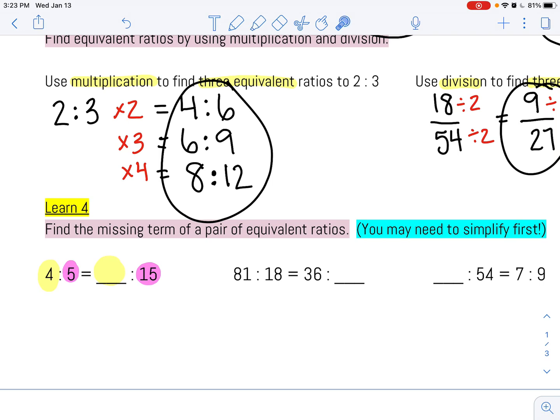I want to find which terms match up, where I have both of the numbers in that spot. I have 5 and I have 15. So I can think about the relationship from how do I go from 5 to 15 using either multiplication or division.